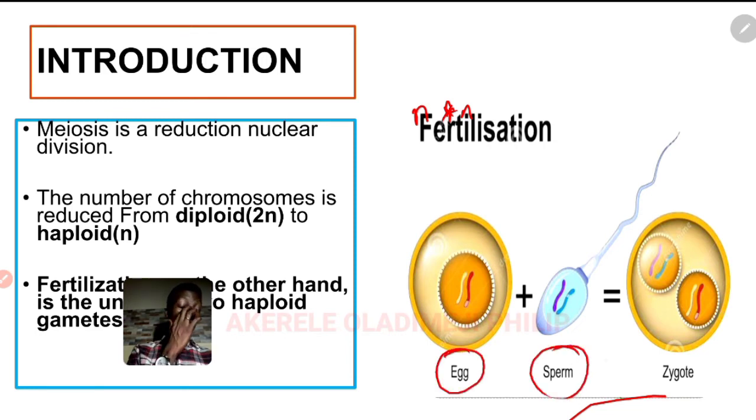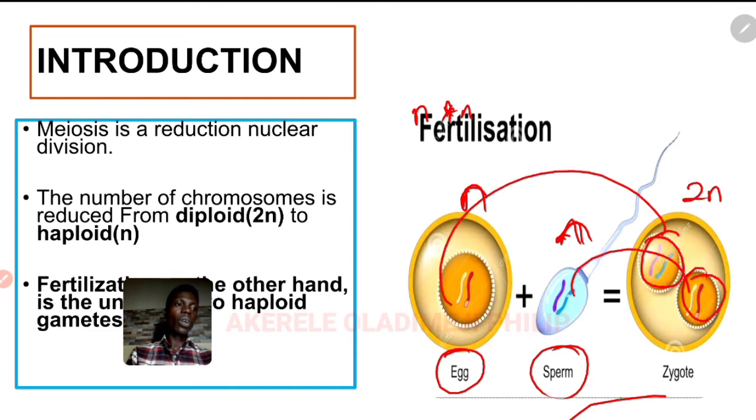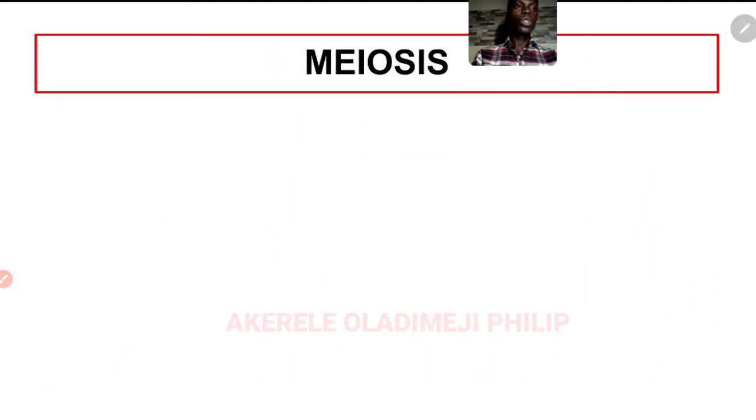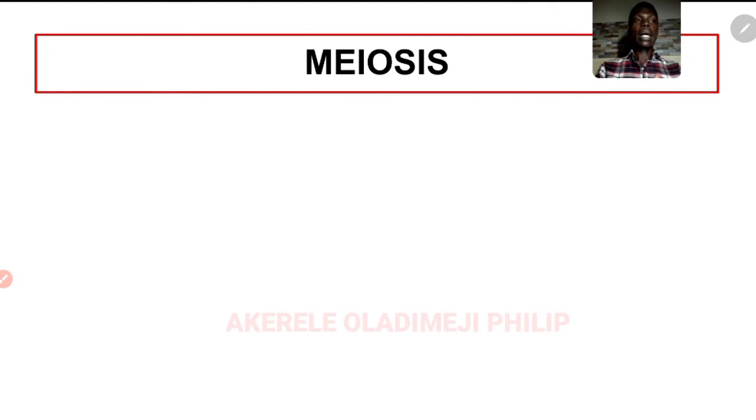The n from the sperm cell is 1 copy, another n from the egg cell is 1 copy, forming 2n. So each of these came from each of the cells. That's fertilization for short. Let's now talk about meiosis proper.